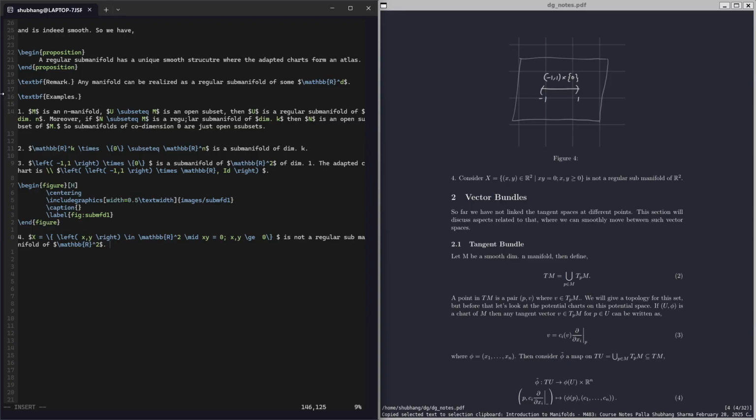One should actually check this properly. Yeah, this is actually not a submanifold of R^2 because there is some issue involved.